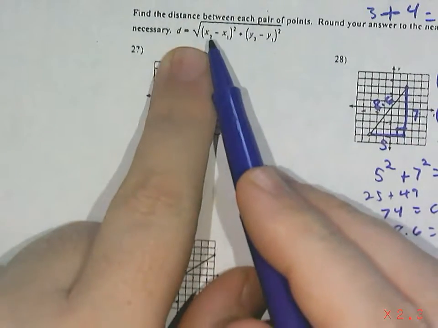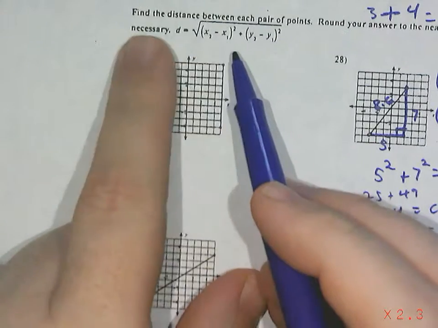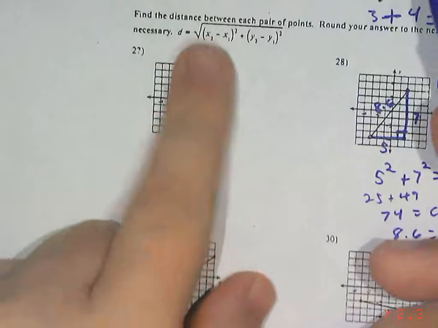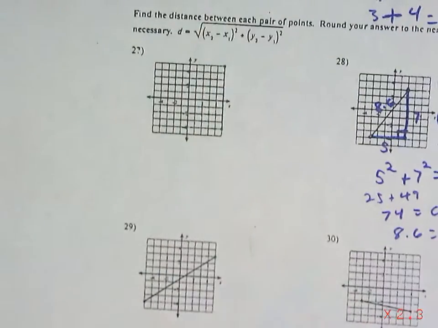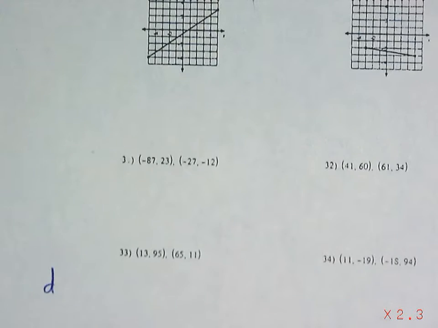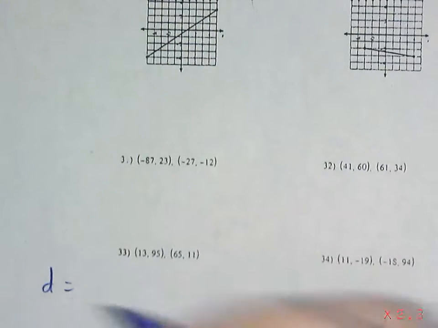It doesn't really matter if you do x1 or x2 first. You might get a negative number, but when you square it, it becomes positive. So again, the biggest thing is just finding the distance between your points, or the difference between your coordinates is what I mean.